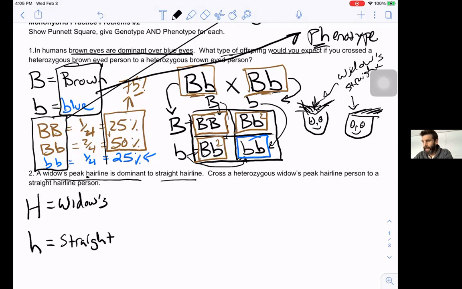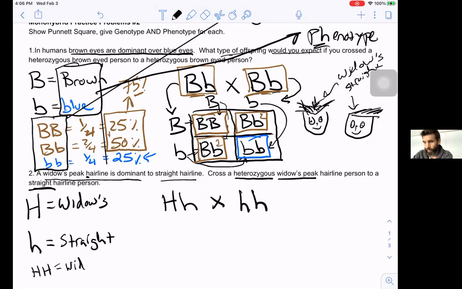Okay. And it says we're going to cross a heterozygous widow's peak hairline. So we're crossing capital H, little h to a person with a straight hairline. The only way you can get a straight hairline is homozygous recessive, because we know that capital H, homozygous dominant, would be widow's.